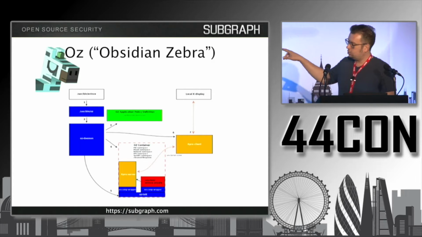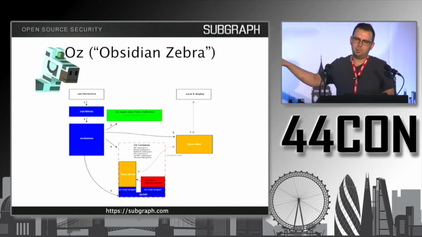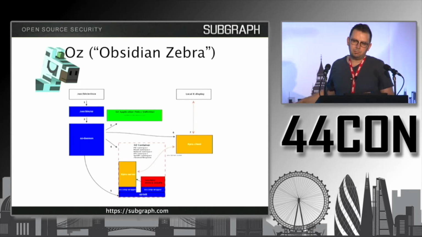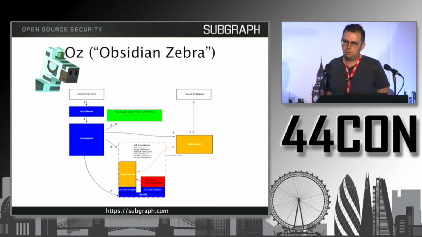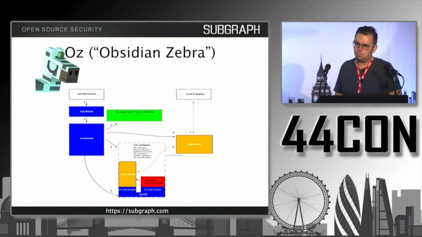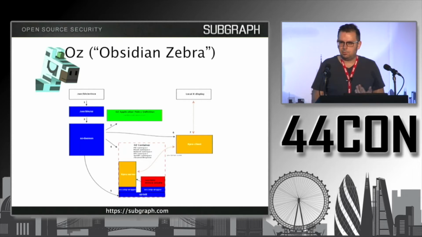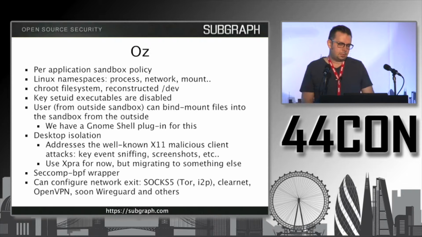So the application, like the X client, doesn't have direct exposure to the host X server. We kind of firewall it using Xpra, and that prevents the classic X11 shenanigans like keystroke sniffing or keystroke injection, etc.